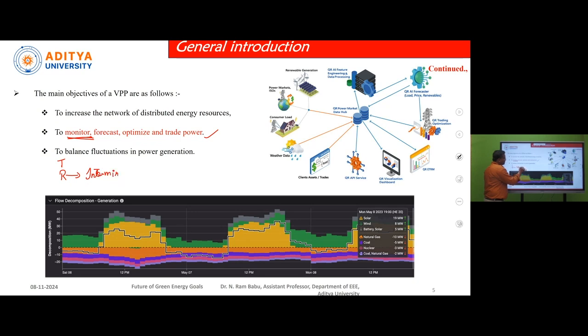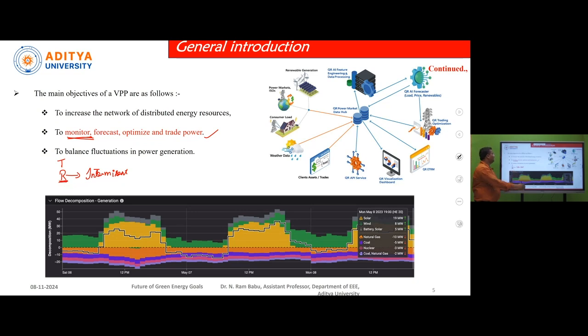That means the energy generated is not constant throughout the day. For example, if you take a solar system, the solar radiation is very high in the daytime when compared with nighttime, so the solar energy generation is very high during the day. Even with wind, on a windy day the wind energy generated will be very high when compared with off-windy days.